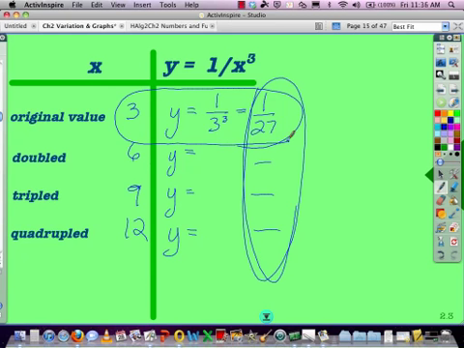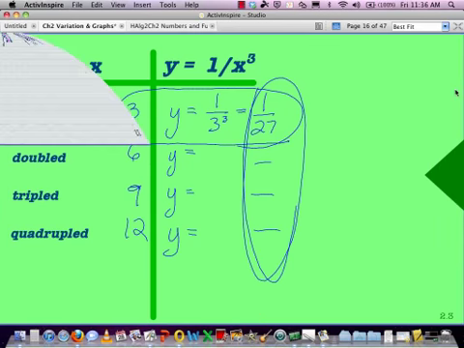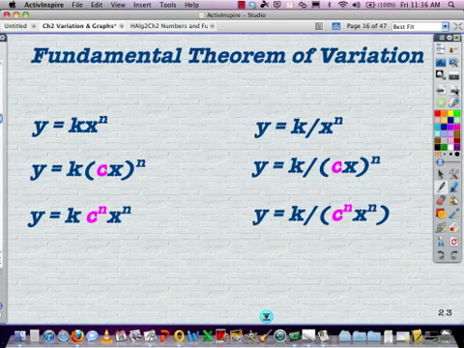What happens to this value when it's quadrupled compared to the original? You will be able to tell me something. Do not just tell me that it gets smaller. You should be able to tell me more detail than that. You'll notice on each of them some different values coming up.